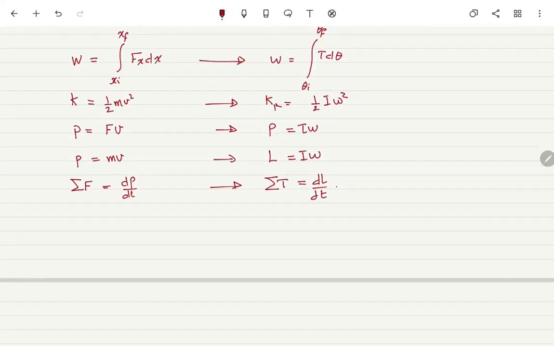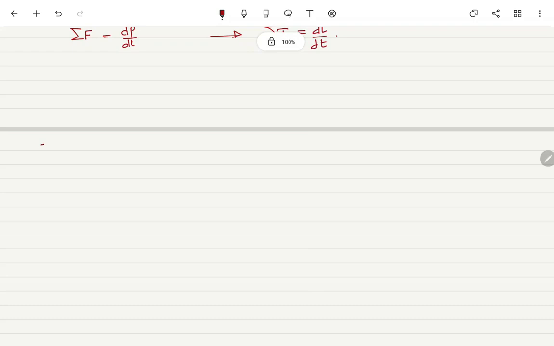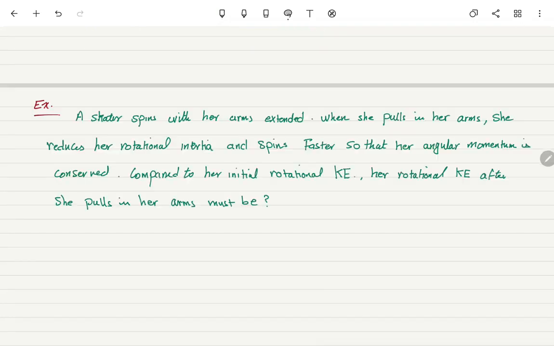Now let's have an example. A skater spins with her arms extended. When she pulls in her arms, she reduces her rotational inertia and spins faster so that her angular momentum is conserved.